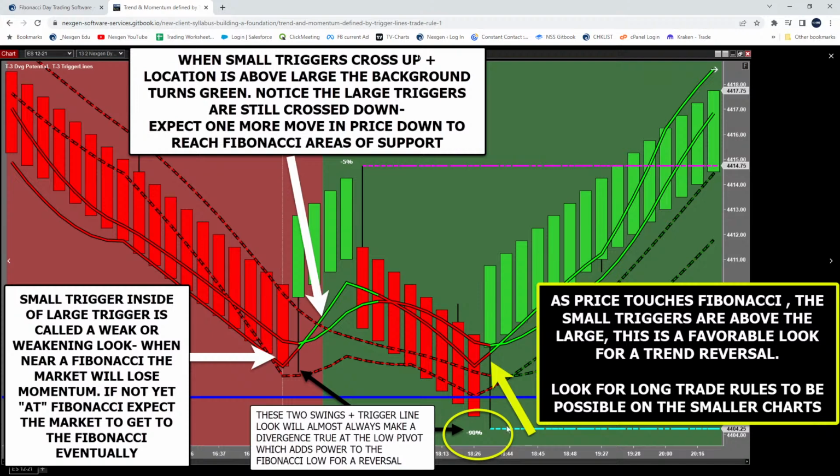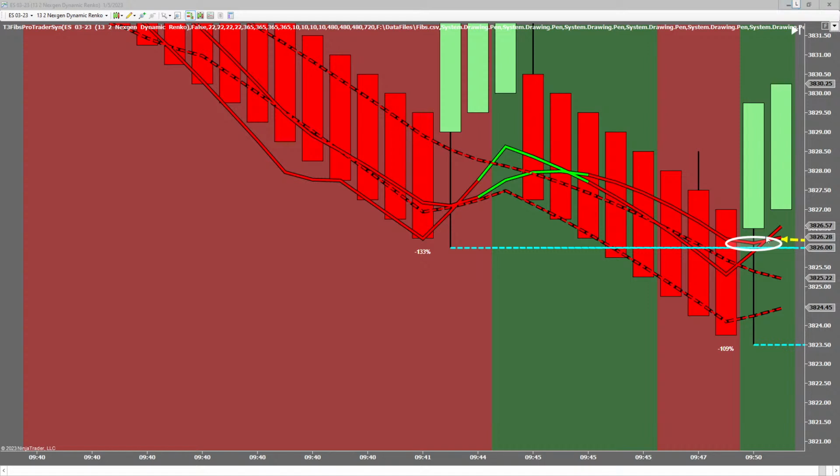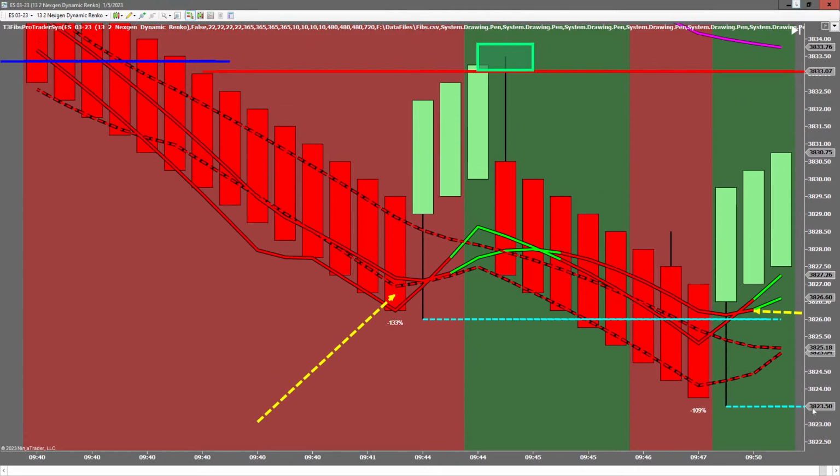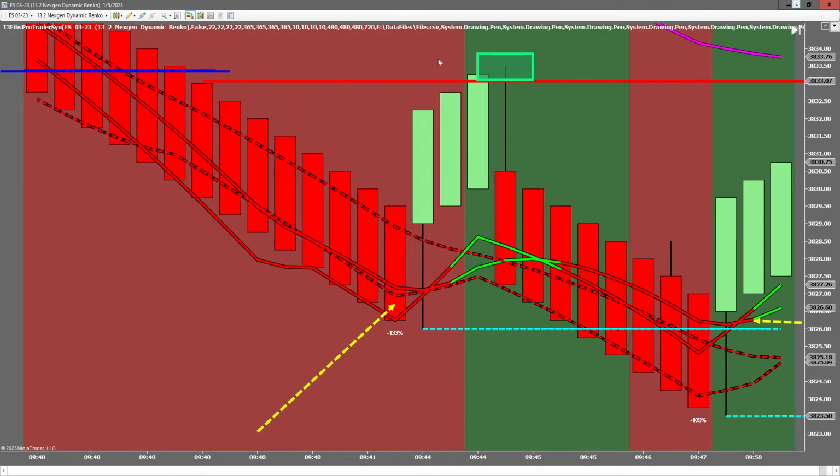Does everybody see down here at this yellow circle? The smalls are above the large, and that makes this a better bottom. So when you're looking at this, this is the live market right here. So look, over here, the small triggers are below the large. Everybody agree? So that means we'll probably go down one more time.